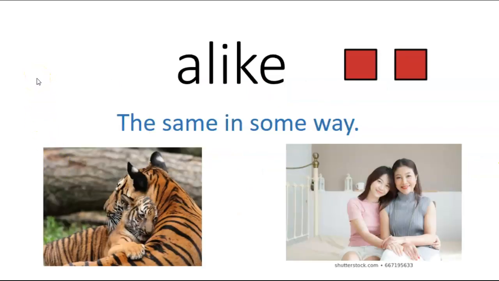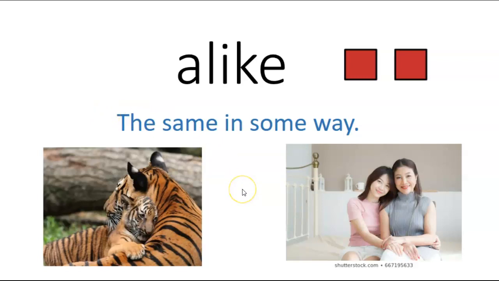All right, our first vocabulary word is alike. See if you can say alike out loud or touch alike. If you have something to type with or write with, you can write the word alike. Alike means the same in some way.